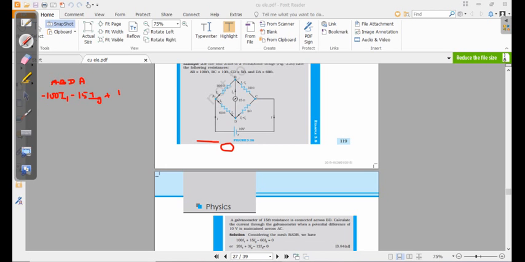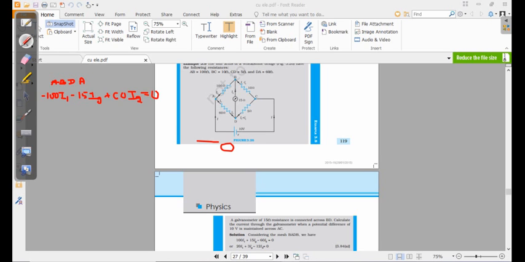It will come out to be I2 into 60, or you can write it as 60 into I2, is equal to 0.